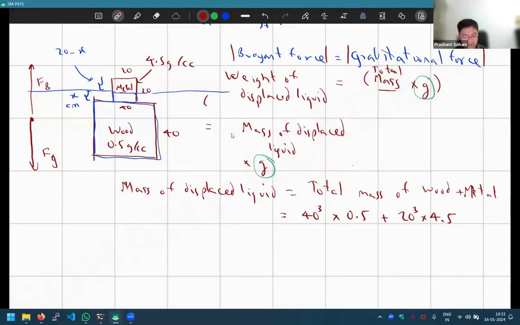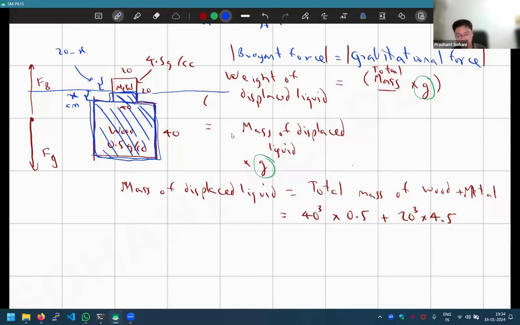And now the left hand side. I am only interested in the mass of the part which is displaced by the solid, right? So if I'm highlighting that in blue color here, this is the only part of the volume which I'm interested in. And can I compute how much that volume is in terms of this x? The whole wooden cube plus only the metal portion which is submerged inside the water.